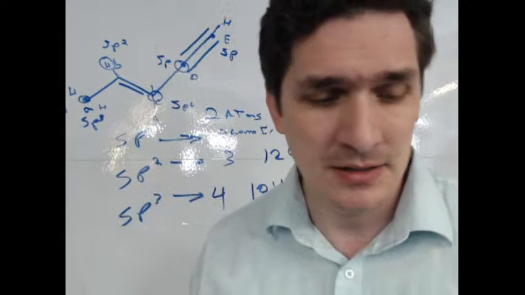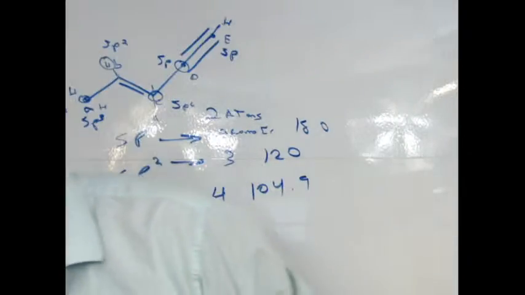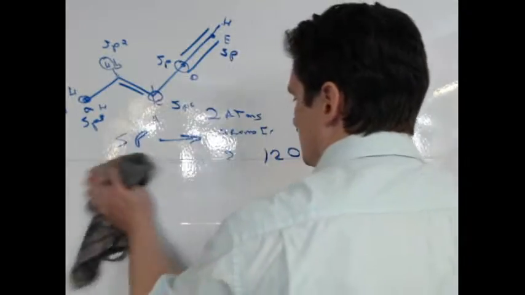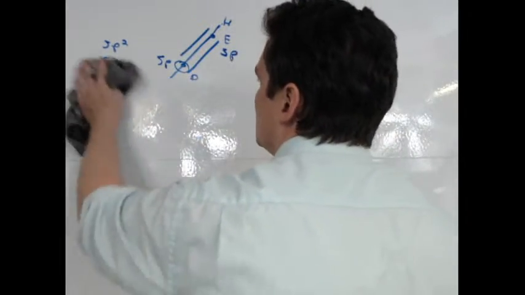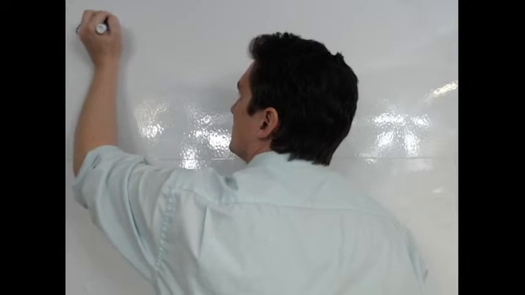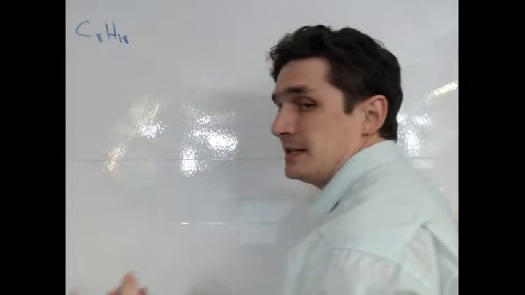So heptane, hept is 7. First thing is it's saturated.